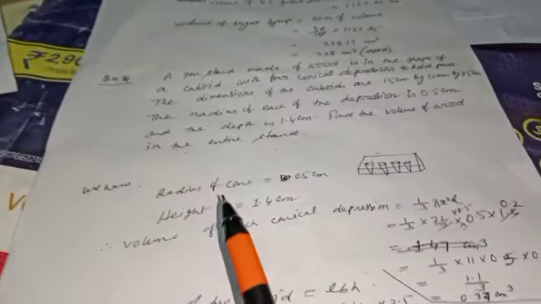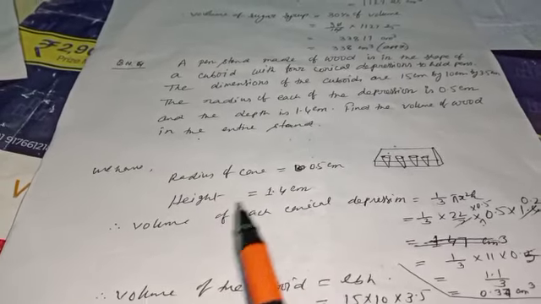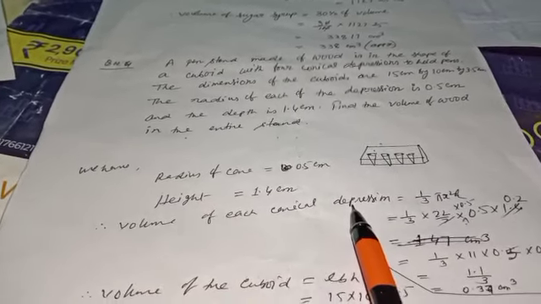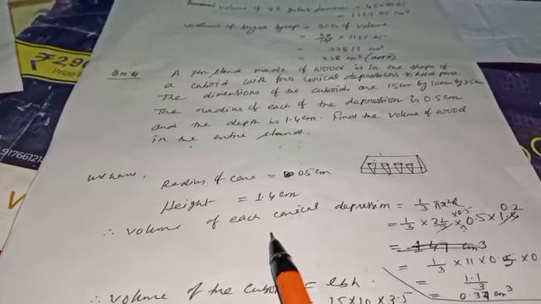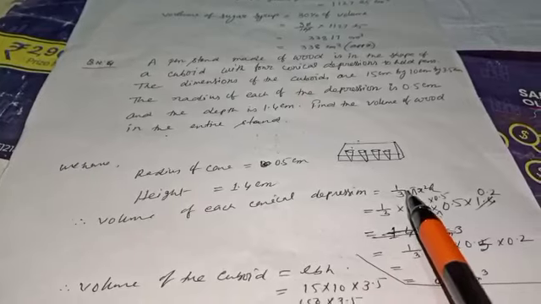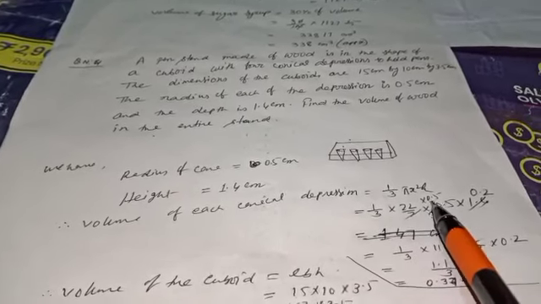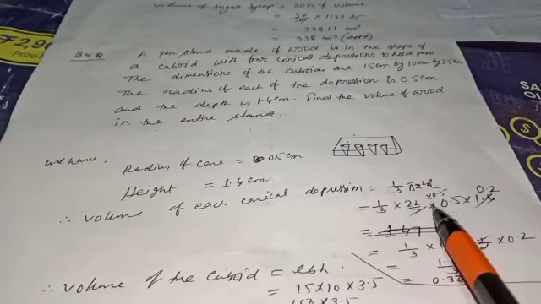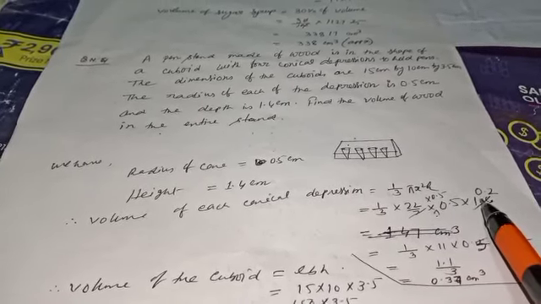So here the radius of the cone is 0.5 centimeter, and the height is 1.4 centimeter. First of all you need to find the volume of each conical depression. What is the formula? 1 by 3 pi r square h, so 1 by 3 into 22 by 7 into 0.5 into 0.5 into 1.4.